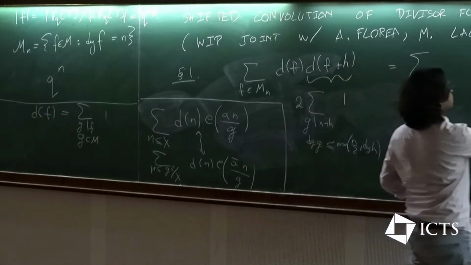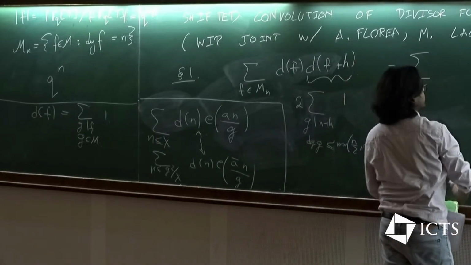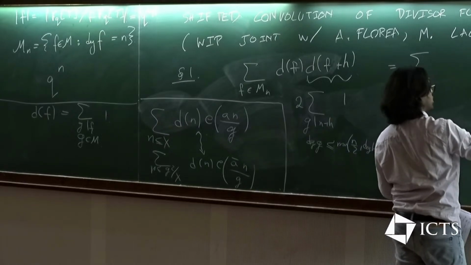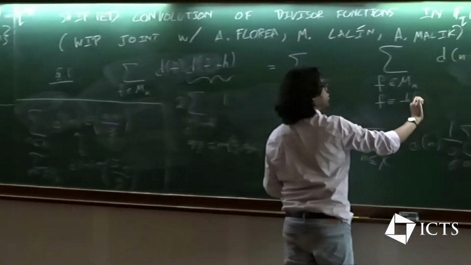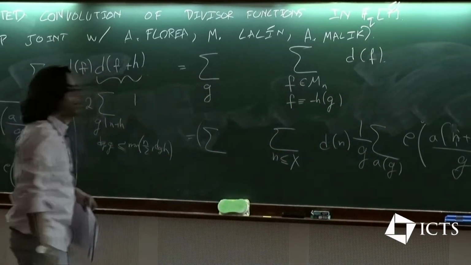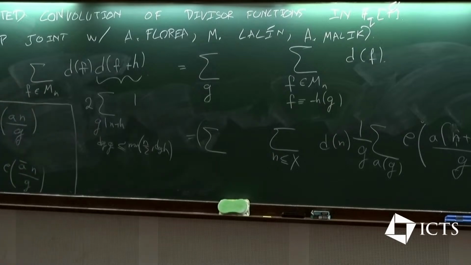What happens to this sum? It's the same. You get f of degree n with a congruence condition on it, so f is congruent to minus h mod g, of d of f. And now you want to use additive characters. Maybe this is the point where I'll lose many of you, because what is an additive character over F_q[T]? If you know Fourier analysis or finite abelian groups, all I'm using is characters mod g. There's nothing fancy happening.